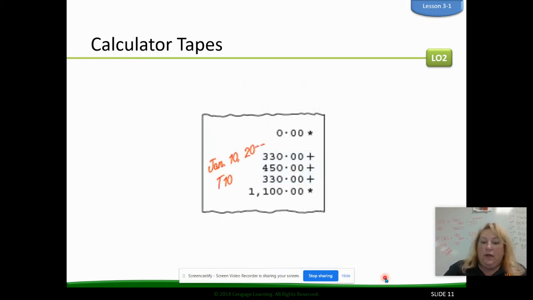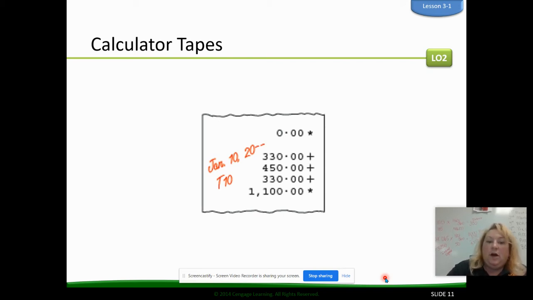The last one is what we call a calculator tape. This will come out of a cash register, or this will be the calculation for the week of collection of money if we don't necessarily have a cash register. That's why it looks like one of our 10 key tapes that we have on that back wall, those big calculators.